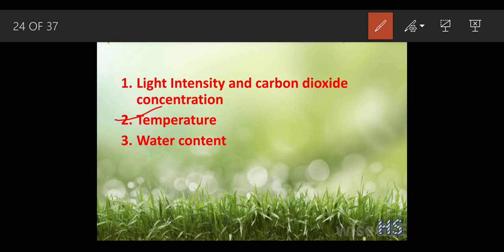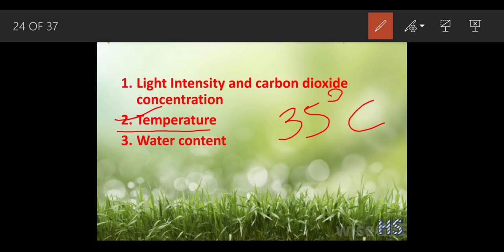Same like that, plants also maintain a certain temperature, around 35 degrees Celsius. It can be up to 40 degrees Celsius also in cactus, because that plant needs a lot of heat. But we are talking in general.